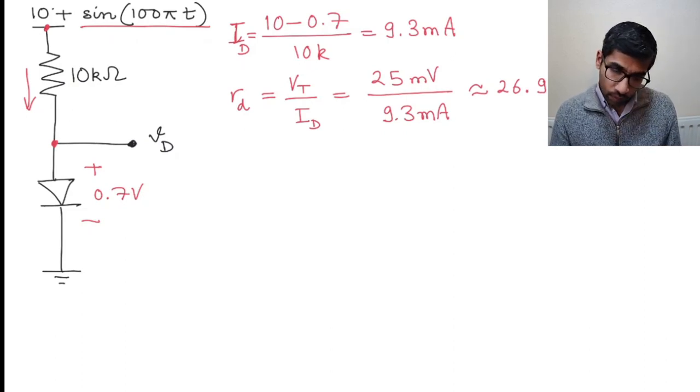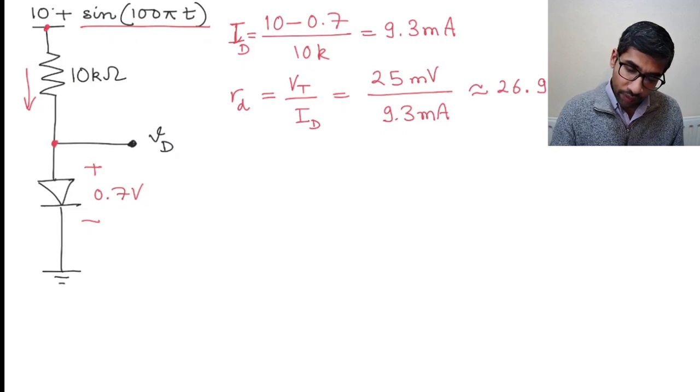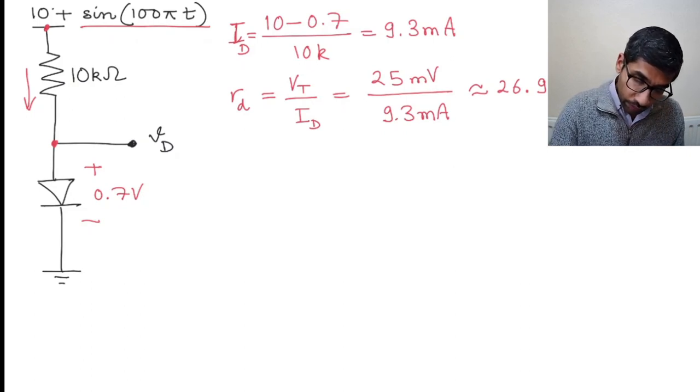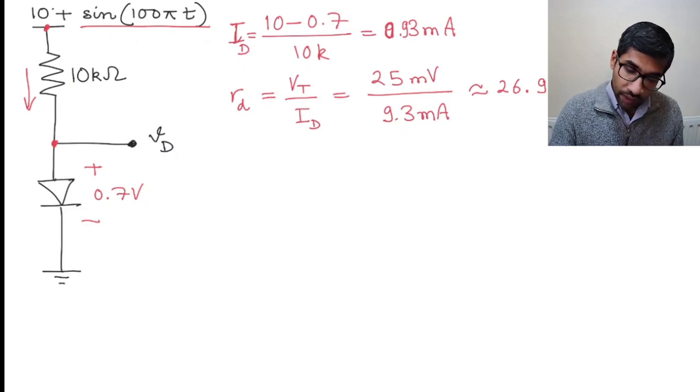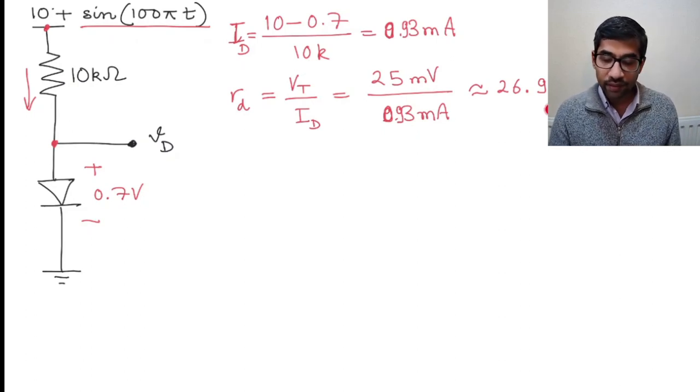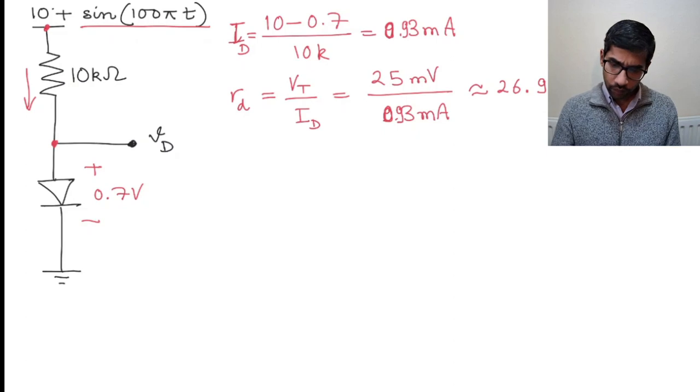Well, it turns out to be 26.9 ohms because I made a mistake here. This is 0.93 milliamperes, and so this is also 0.93 milliamperes, because the resistor here is 10k, and that's why this is 26.9 ohms.